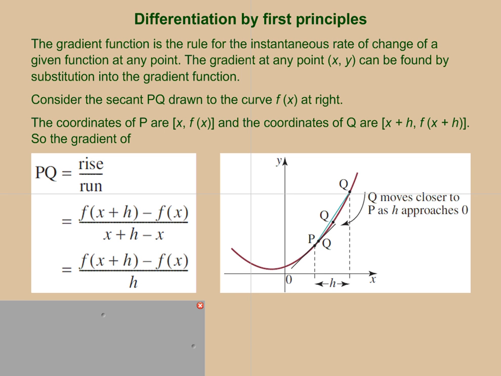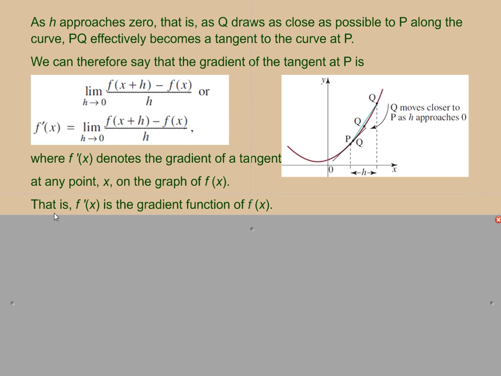Now, what we then went on to say was that if we bring Q closer to P, in other words, we're making h smaller and smaller, eventually we saw that as h approaches 0, the gradient of the secant was becoming closer and closer to that of the actual gradient at the point. So the limit of this secant gradient was equal to the gradient at the point.